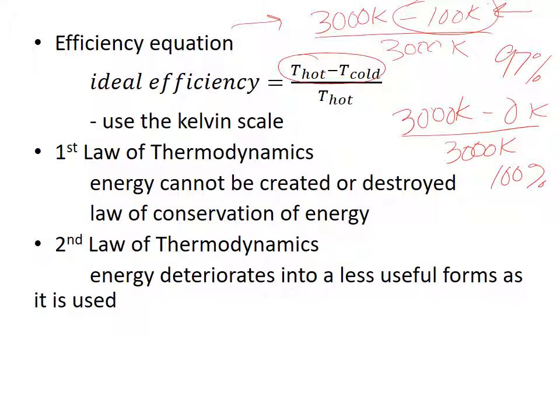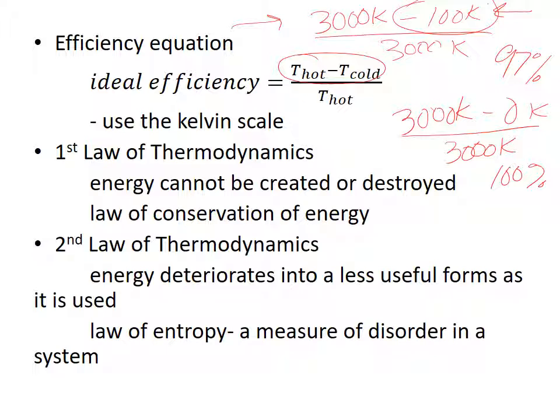The word that identifies this is entropy. The second law is often called the law of entropy, because entropy is disorder. Things go from order to disorder all the time. The law of entropy is a measure of the disorder in a system.